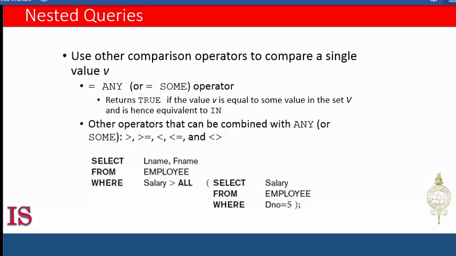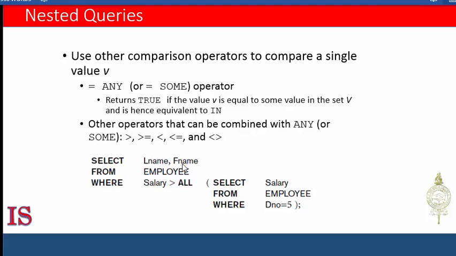Let's say we're using a variable v to represent a single attribute, and we're using a variable capital V to represent a set. And we use the comparison condition (v > ALL V). This will return true if the value of v is greater than all the values in that set, capital V. An example is this query, which returns the names of the employees whose salary is greater than the salary of all the employees in Department 5.